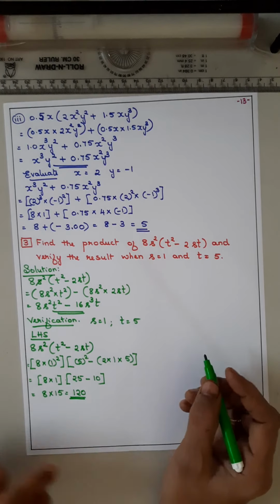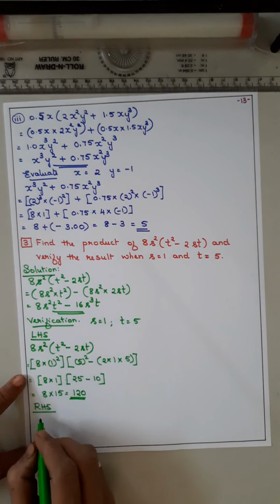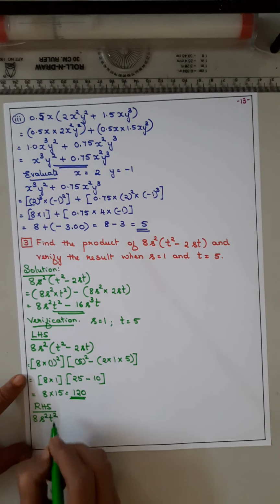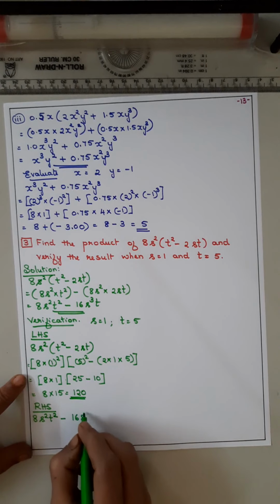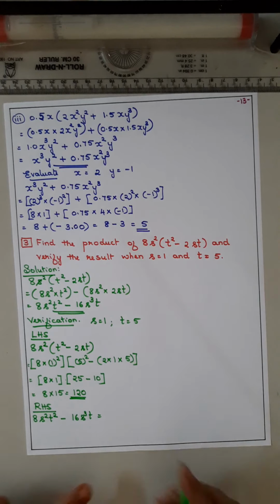Now coming to RHS. RHS, what is the question? 8s squared t squared. Answer what you got? Minus 16s cube t. Okay, we'll continue like this.